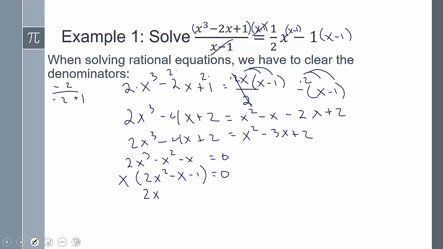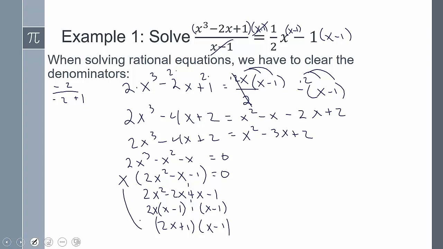So 2x squared minus 2x plus x minus 1, factor by grouping, factor out the 2, and then x. And then here it's still just x minus 1, so that's going to be 2x plus 1, and then x minus 1. And then I still have that x in the front.